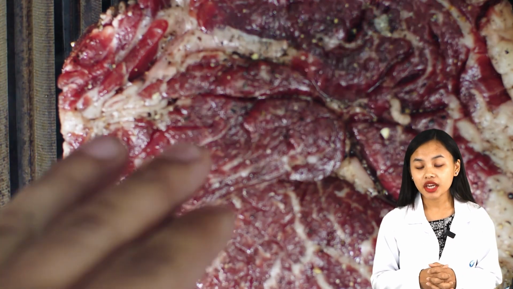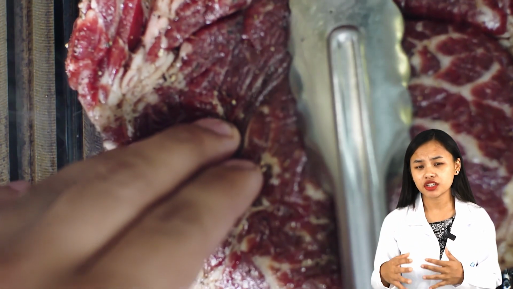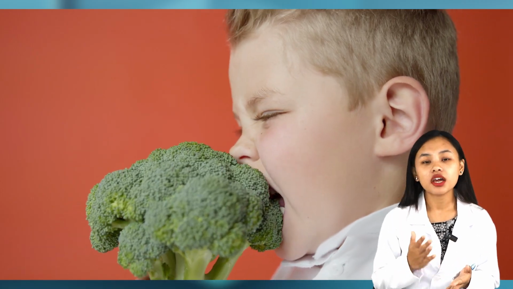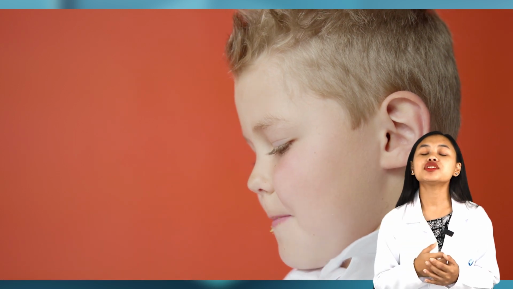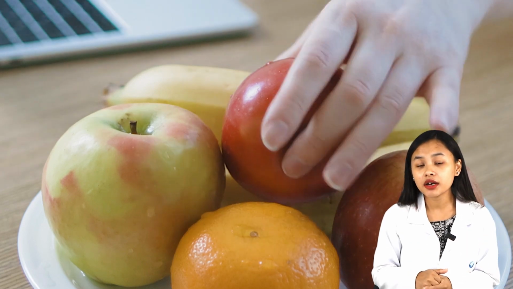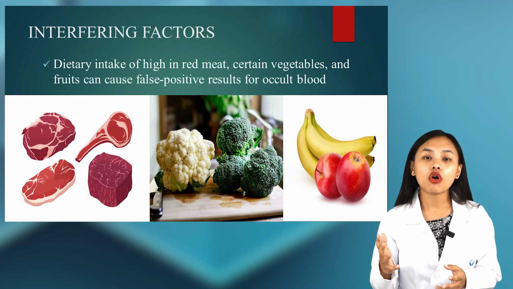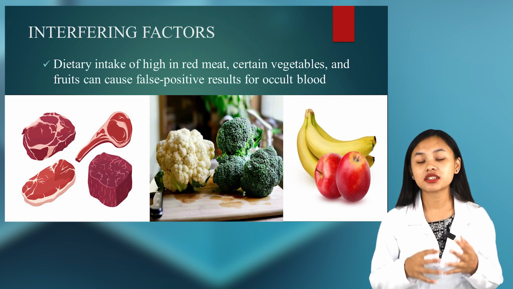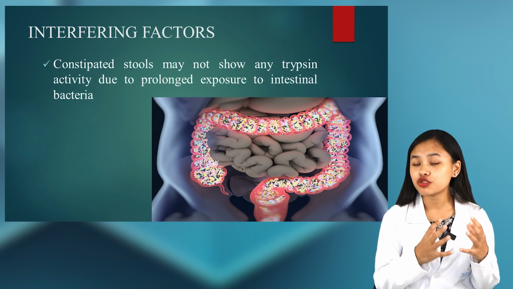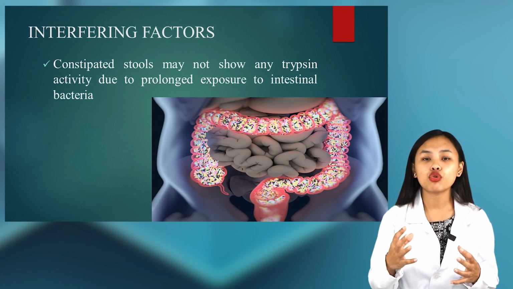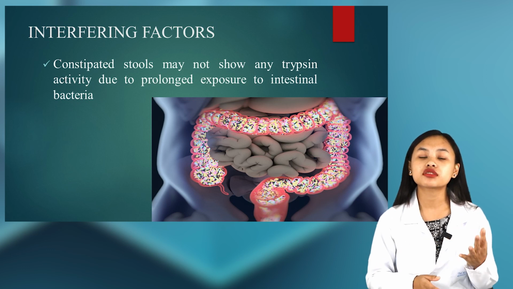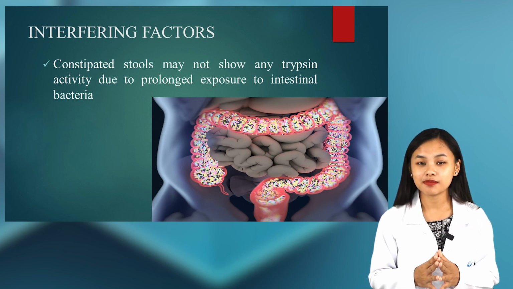The dietary intake, which is high in red meat, certain vegetables such as the cauliflower, the broccoli, radish, turnip, as well as certain fruits such as the apple and the banana, can also cause false positive results for occult blood. Not only that, but a constipated stool may also not show any trypsin activity because of its prolonged exposure to the intestinal bacteria.